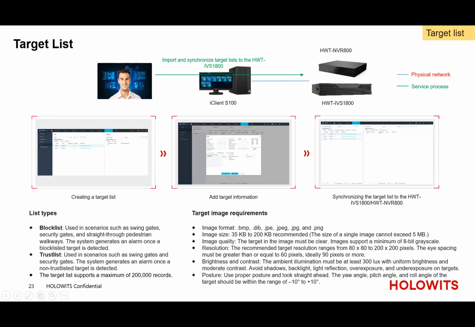Then we can see the temperature of the people passing the checkpoint on S100. Of course, you can also use the face recognition function to check whether the person is wearing a mask. You can combine it with the gate device, so it can close the door when it detects an abnormal temperature, and open the door when it detects a normal temperature.